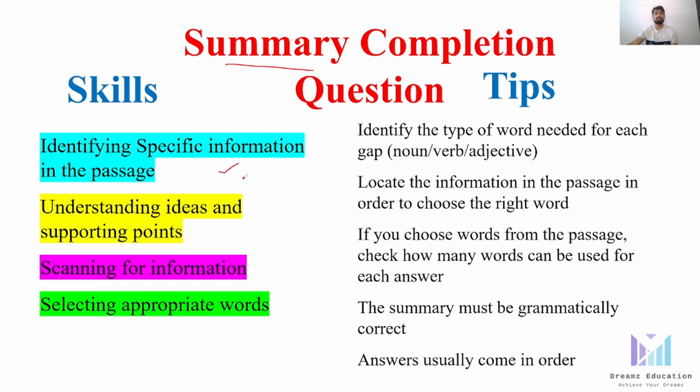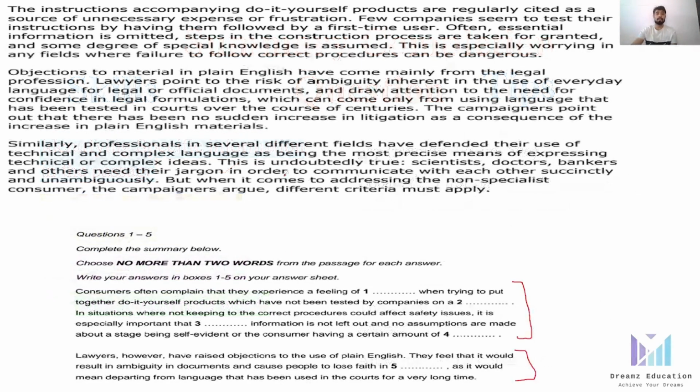The basic thing is you have to identify specific information in the passage. That will help you scan for particular words, identify the specific information, and understand ideas and supporting points as well. Why do you have to understand the supporting points? Because I can summarize a text shortly, correct? I can put it in my own words.